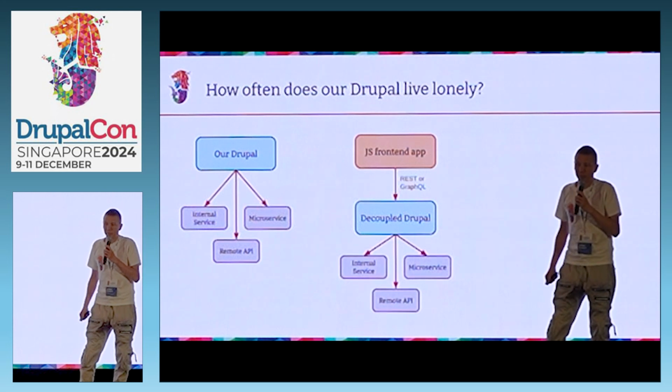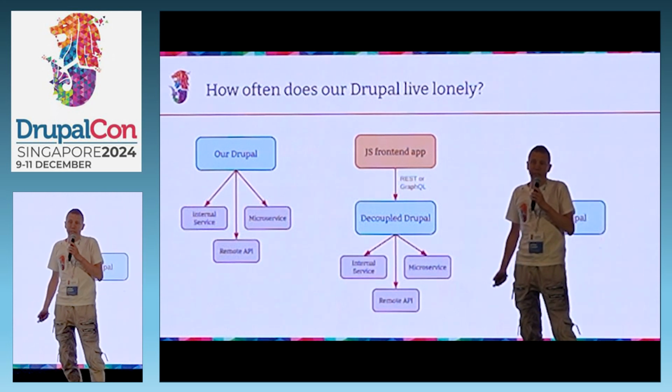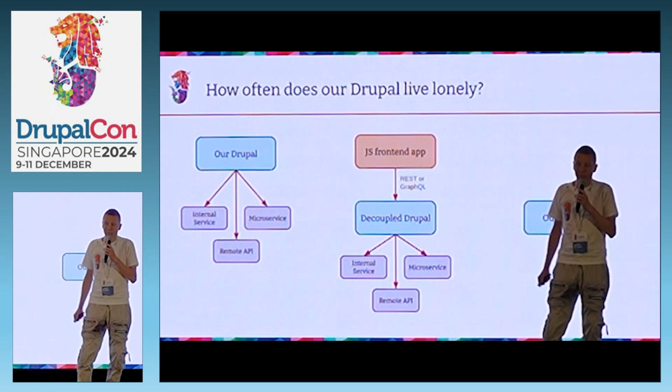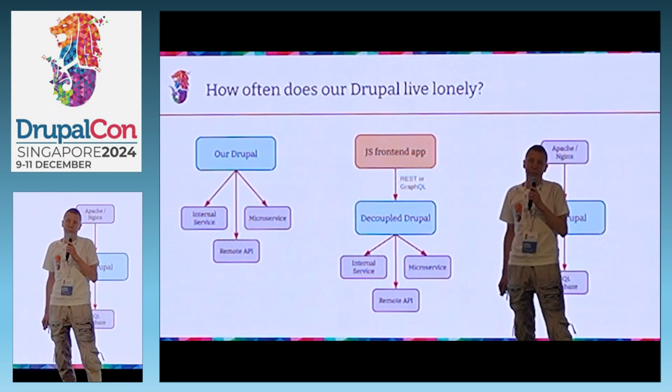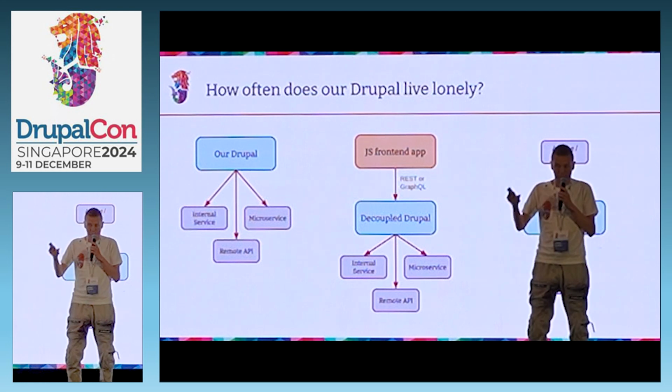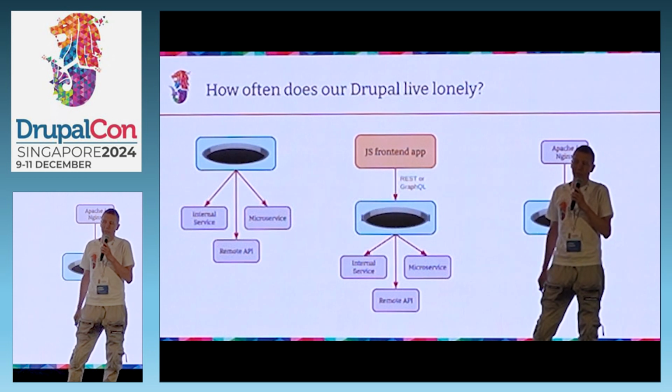And again, several friends on the backend. And if you're lucky and your Drupal works alone, it still has a couple of friends, the web server and the SQL database. And we want to see what's happening not only inside Drupal, but through all the components that use it to make the site work.